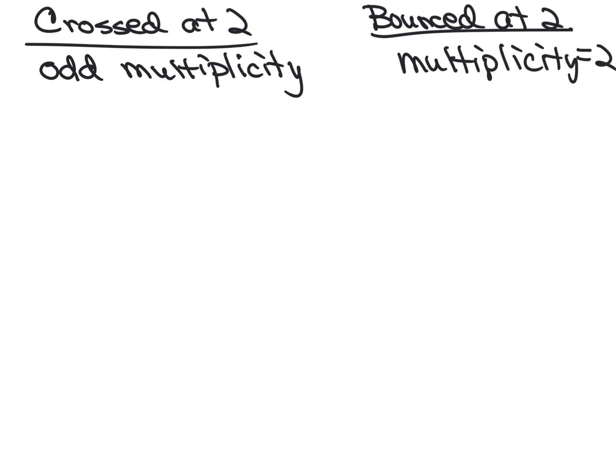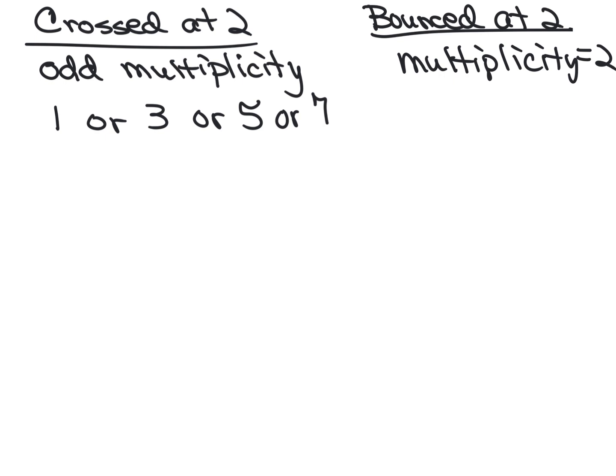So with the odd multiplicity, it doesn't just mean that it's 1. Since you actually have 7 roots, it could be 1, or it could be 3, or it could be 5, or it could be 7, depending on what you had. So let's take an odd multiplicity of 1.